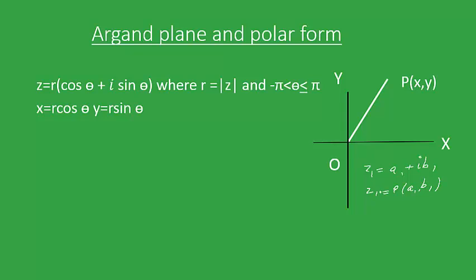Okay, so let's say here we have a complex number, say x plus iota y. It will be represented by this particular point P, with coordinates x comma y. As you can see, the magnitude of this length will be equal to under root x square plus y square, which, as you've learned in the previous slide, is equal to mod z.